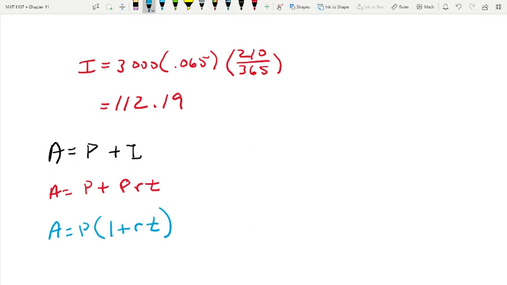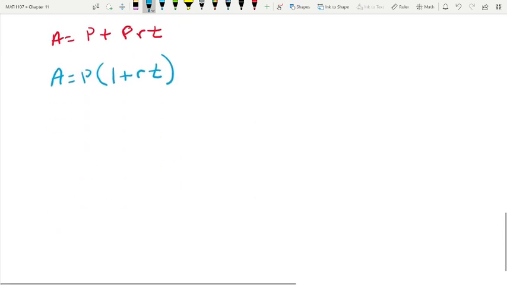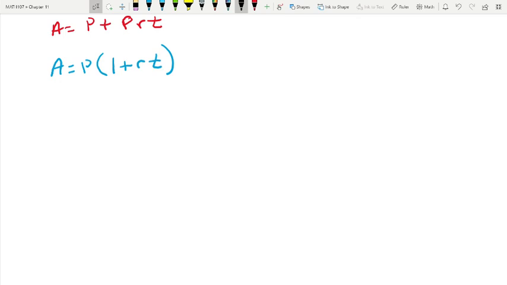Okay. Another thing given problems is given that formula for simple interest, I equals PRT, you should be able to solve that for P, for R, and for T. If I solve this for P, P is going to be I over RT.